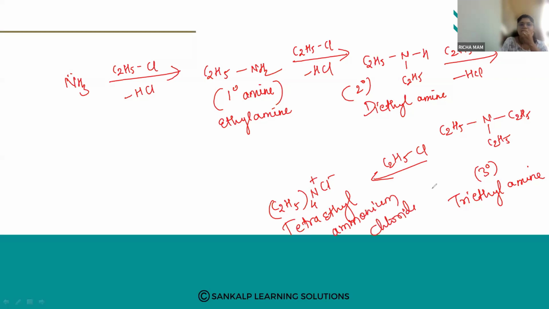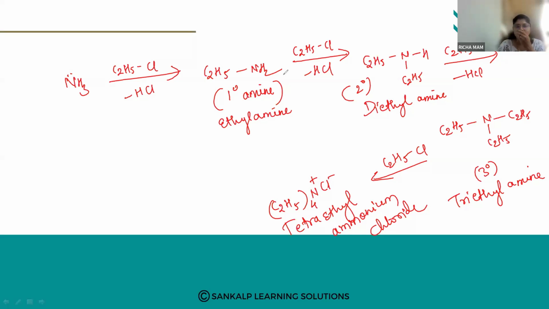Is it clear? So this is the ammonolysis of alkyl halide. From this ammonolysis, we are going to get primary amine, secondary amine, tertiary amine, and quaternary ammonium salt, depending upon how many moles of alkyl halide you are supplying.